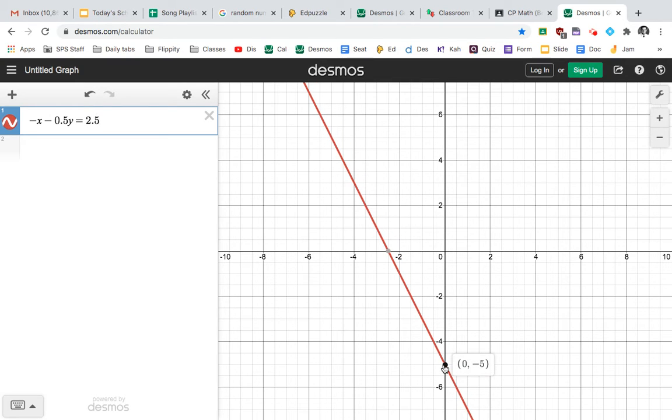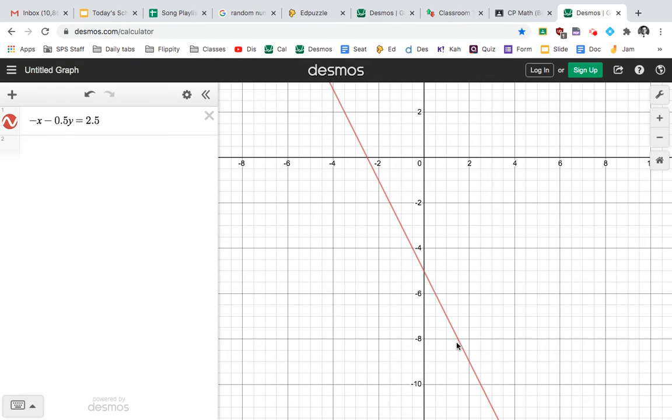Here's my y-intercept at 0, negative 5. And then down 2 over 1 should bring me to 2, negative 7. Let's make sure that's down there at 2, negative 7.